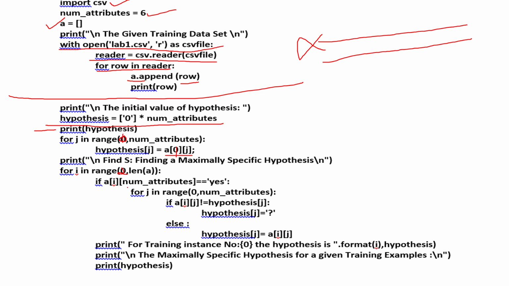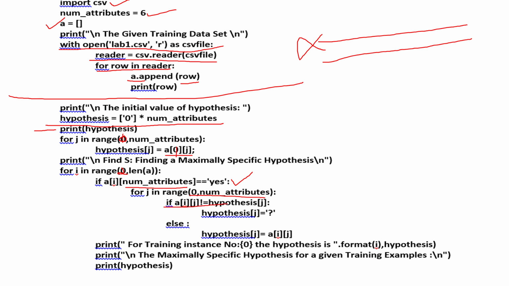Check the last attribute, the seventh, or index value 6. If it is yes, then only you have to modify the hypothesis, otherwise no need. Navigate through all the attributes starting from the first attribute to the last.